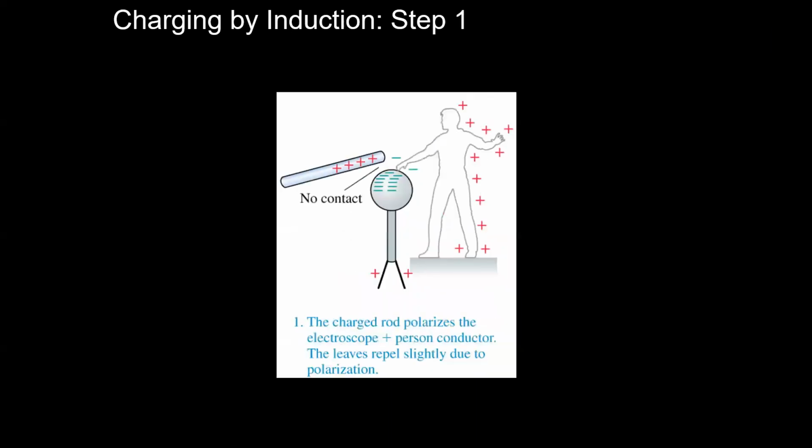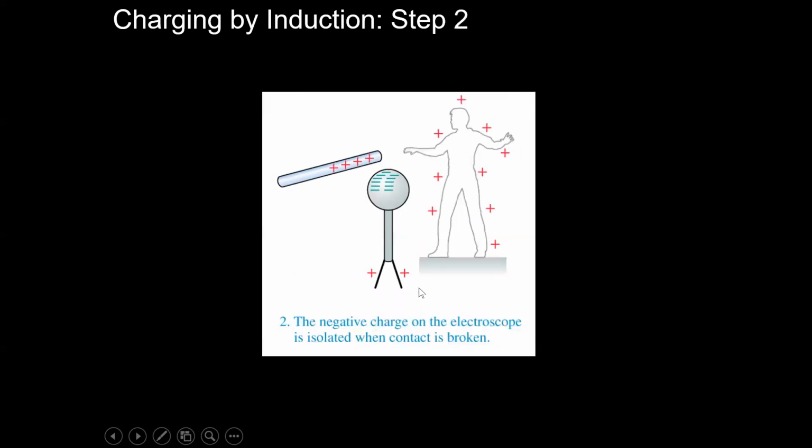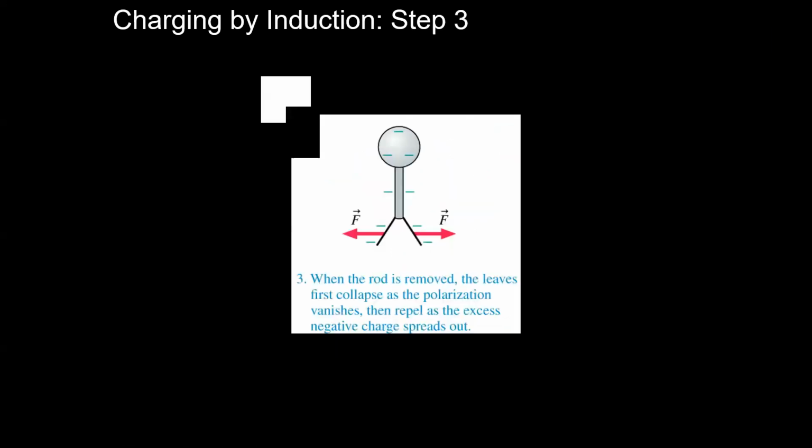So reviewing again, bring a charged object near a neutral conductor, but the neutral conductor is connected to a bigger conductor. Disconnect the conductor and then remove the original charged object. If you do steps 2 and 3 in reverse, you won't get any effect.